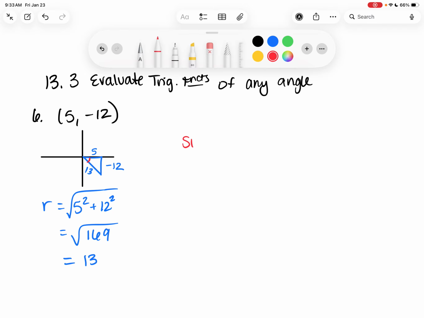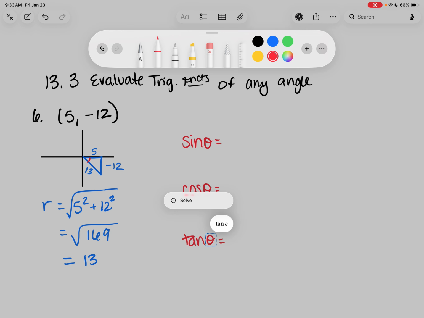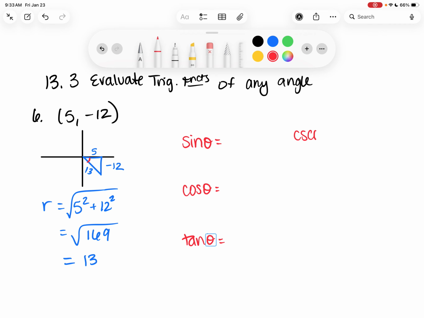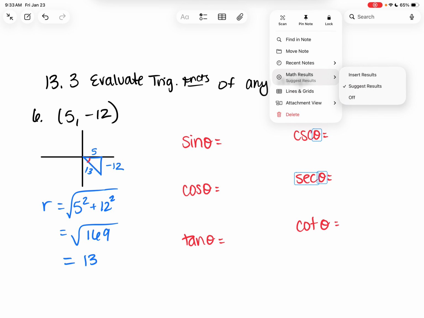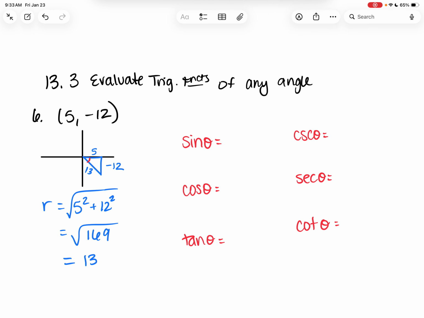I'm going to set up the 6 trig functions. This is 13. All right, so sine of theta is opposite over hypotenuse. So that means this is negative 12 over 13. Cosine is adjacent over hypotenuse.